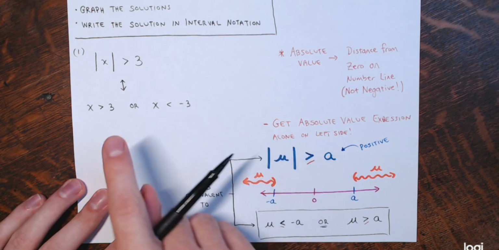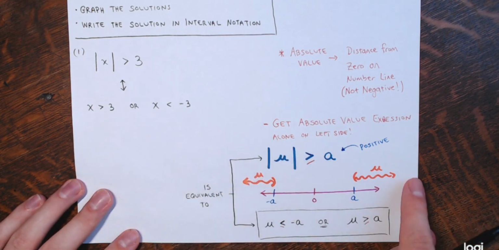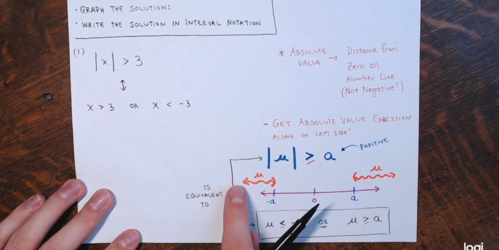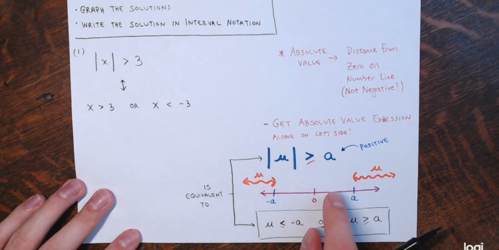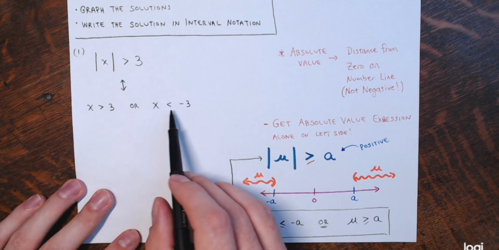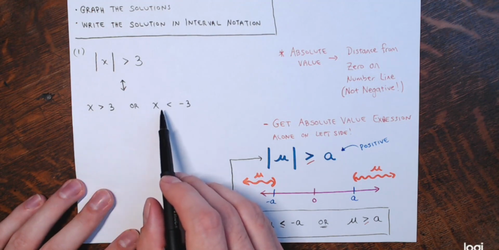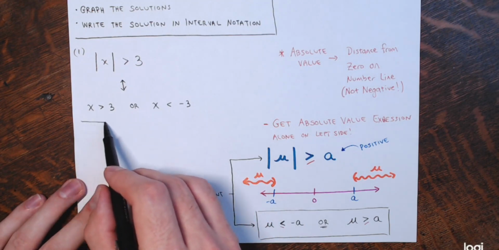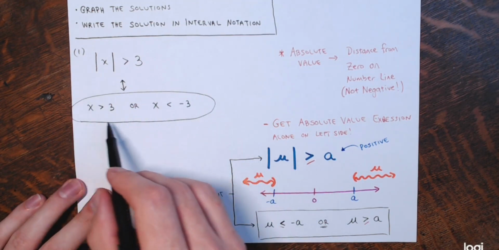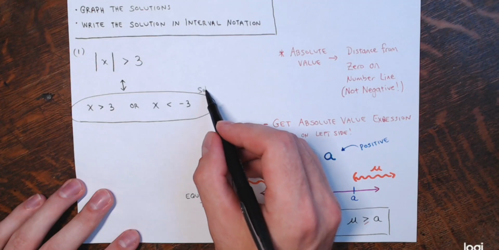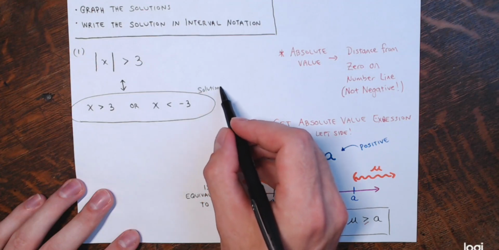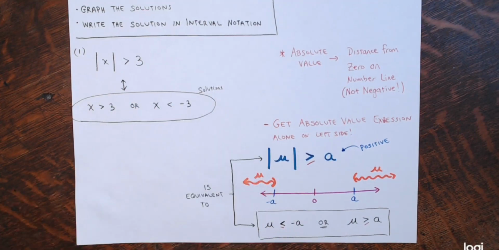You're to the right of 3, or you're less than negative 3, kind of like my picture here with the U's and the A's. And then you solve this. Both inequalities here are already solved for, the variable's already alone, so here they are. There's a description of the solutions of this absolute value inequality.